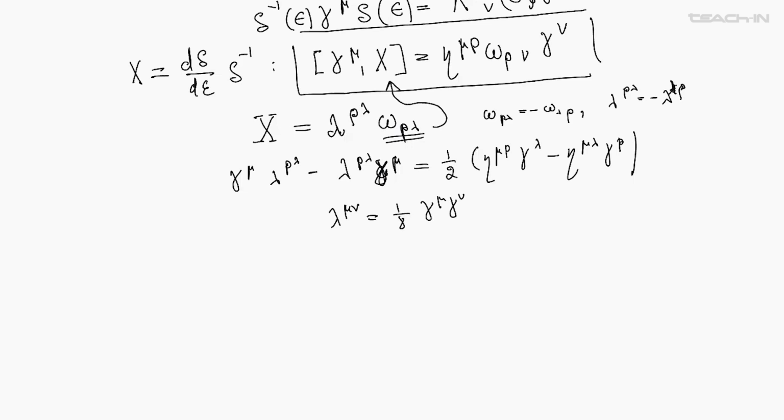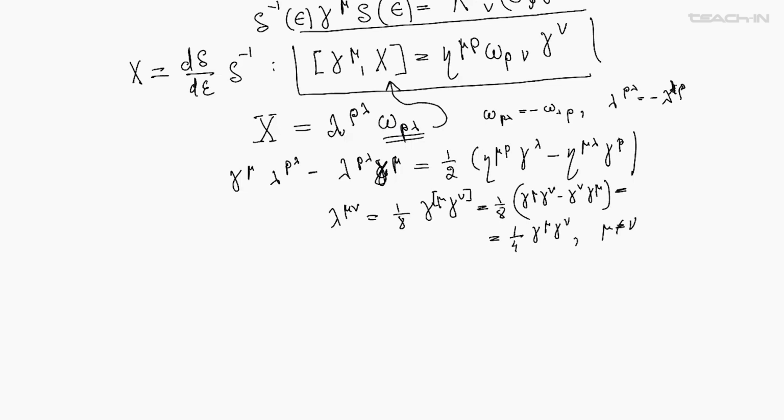So this is the same as 1/8 gamma mu gamma nu minus gamma nu gamma mu, which due to the Clifford algebra can also be written as 1/4 simply the product gamma mu gamma nu, where index mu is not equal to nu.